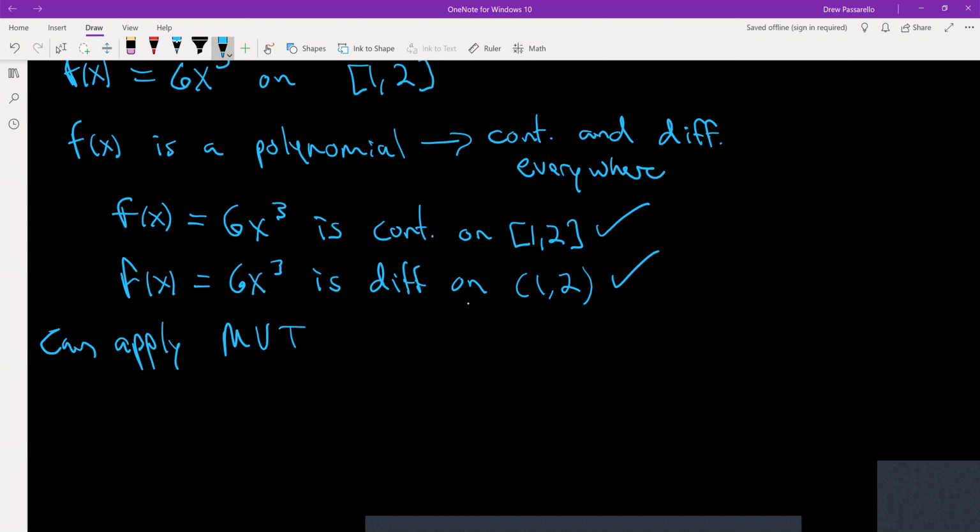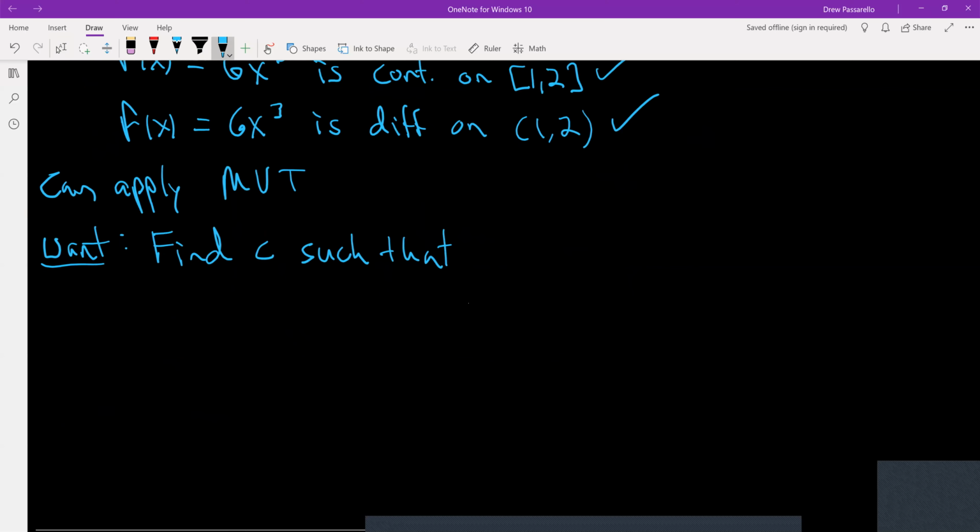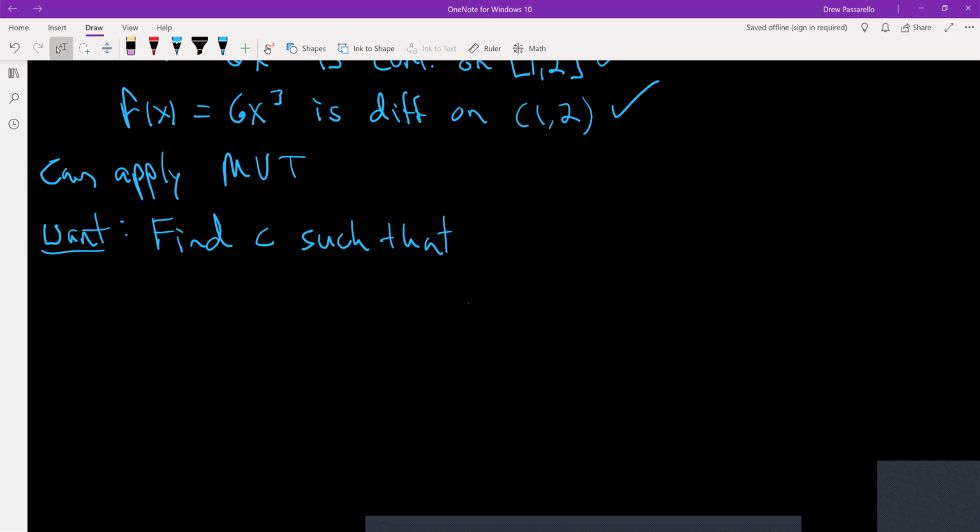So what we need, we want to find c such that f prime of c is equal to f of b minus f of a divided by b minus a.